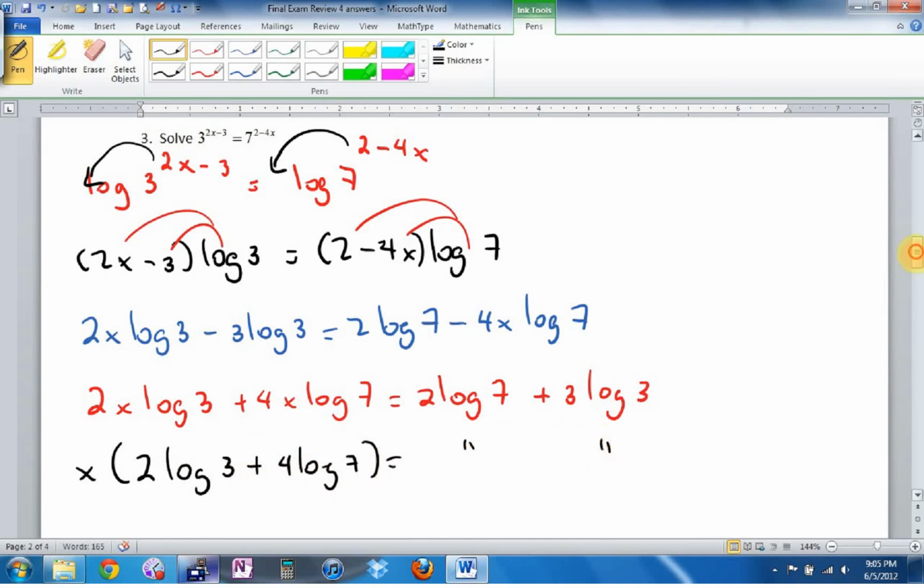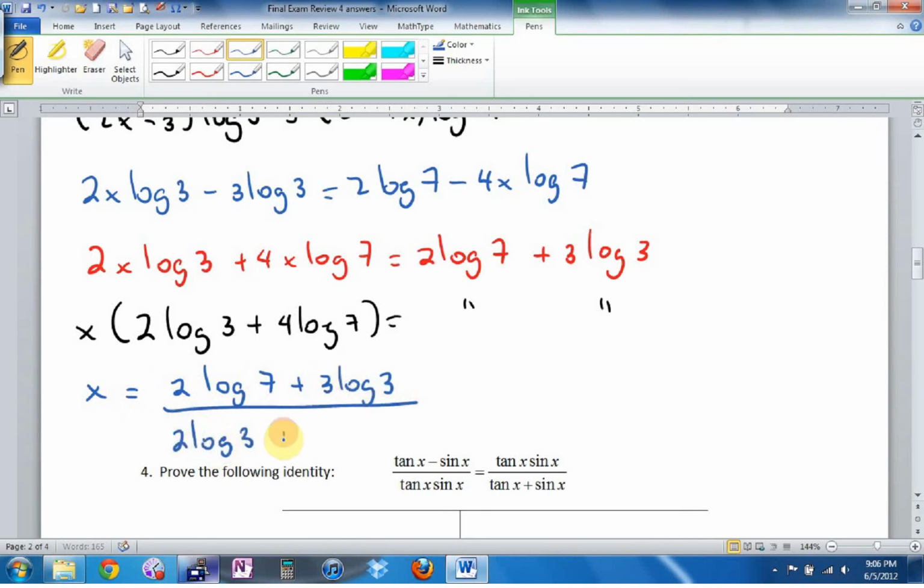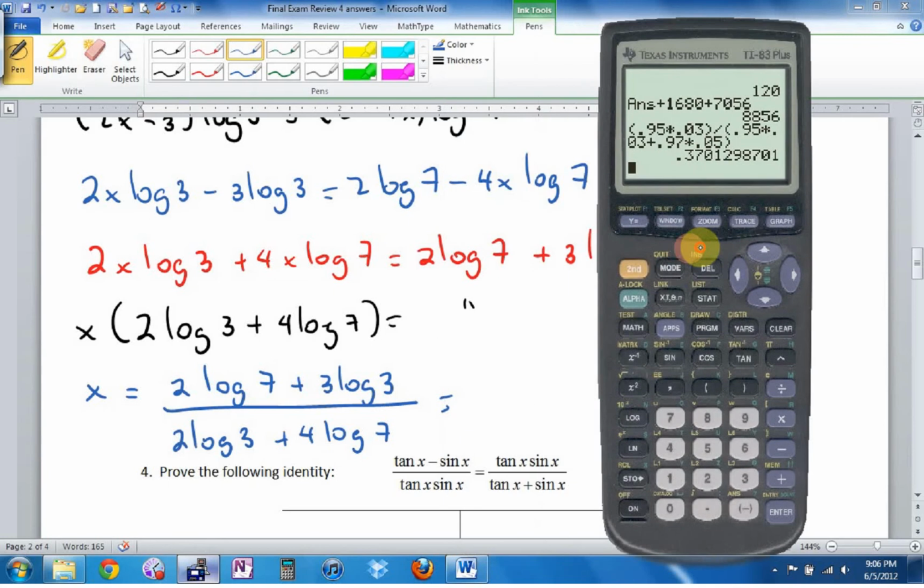Final step to get the x by itself, divide. X is going to be 2 log 7 plus 3 log 3 all over 2 log 3 plus 4 log 7, which is going to be fun to type.